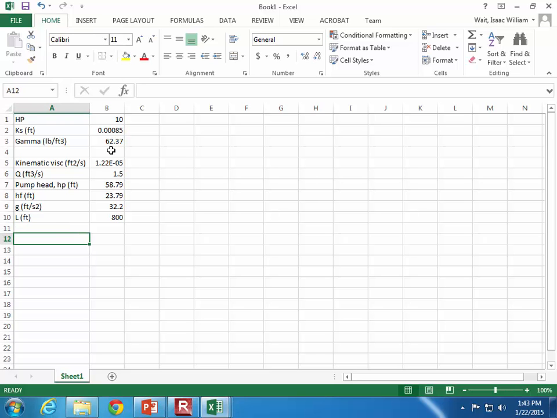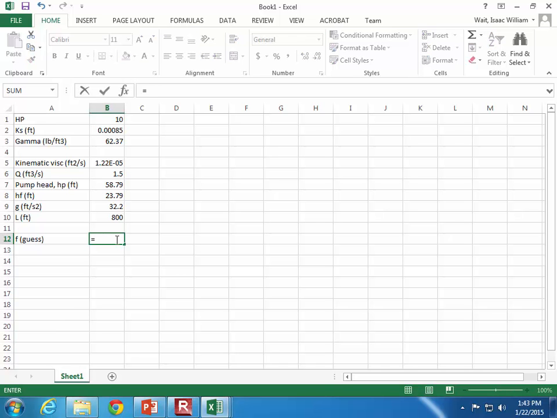All right. So F value. This is our initial guess. And I'm going to be using the Jain equation here. We don't yet know what the flow conditions are, and so I'm just going to base the F value on the K sub S to D part of the Jain equation.